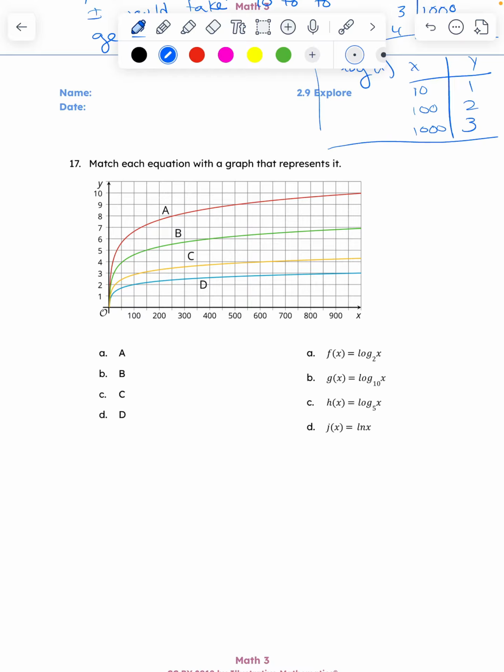So D is going to be our steepest, because it's getting longer and longer and longer. Whichever exponent would have had the steepest graph, its logarithm is going to be the least steep, because they're inverses.